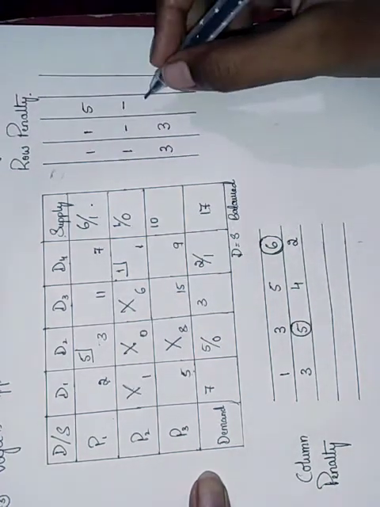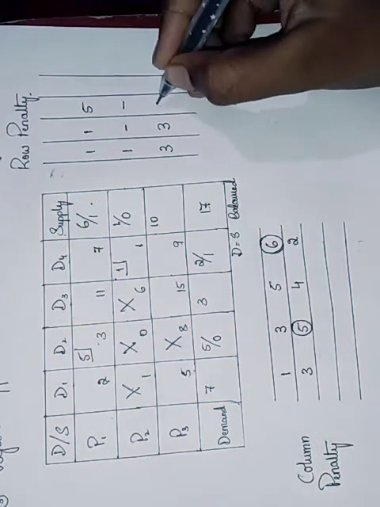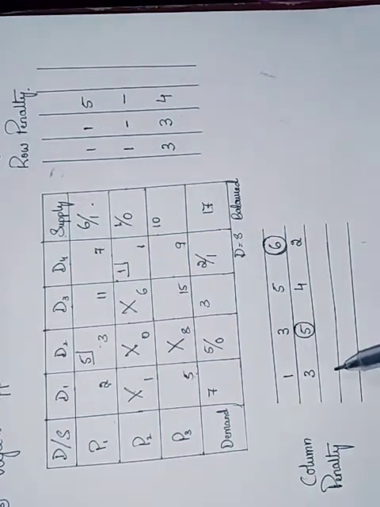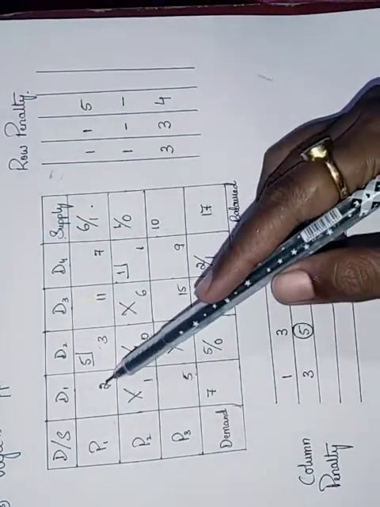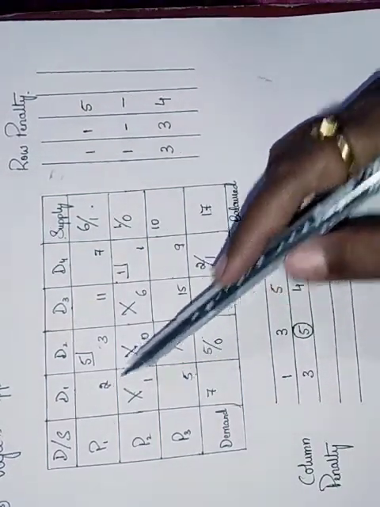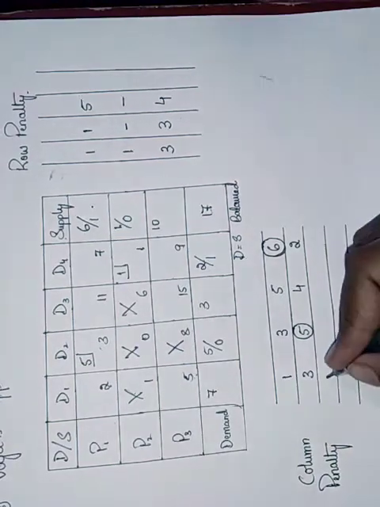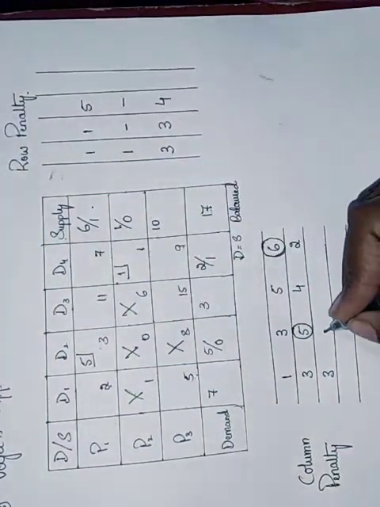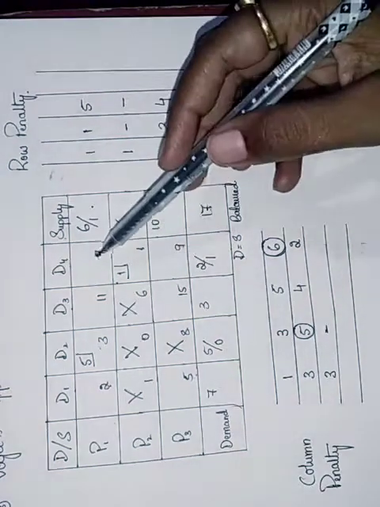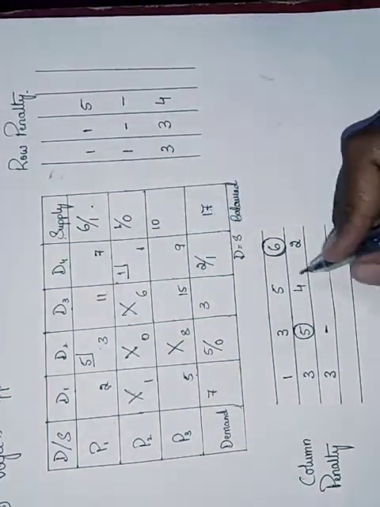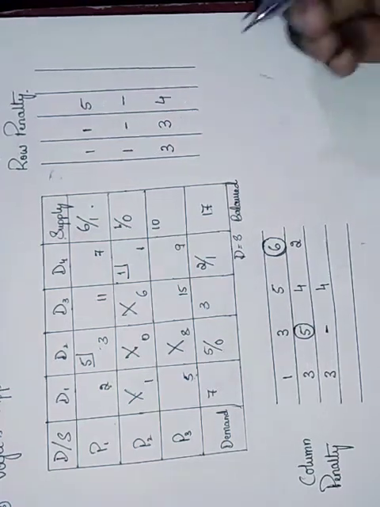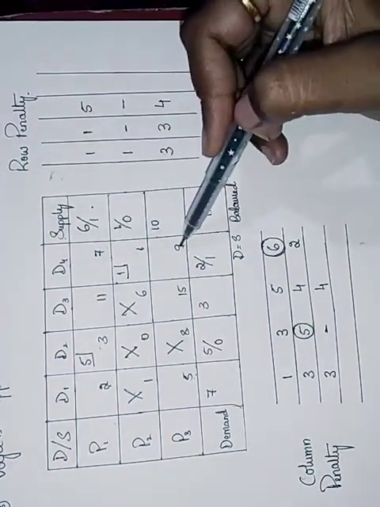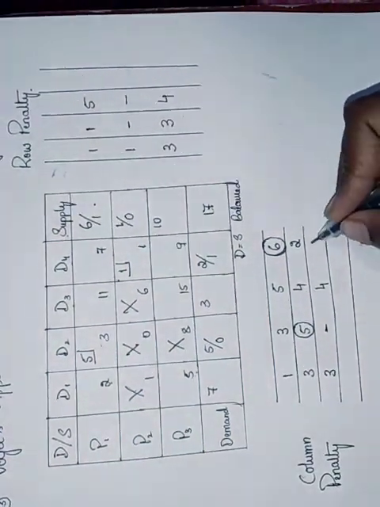So difference between 5 and 9 is 4. And coming to column penalty, so only two values are remaining here, 2 and the next least is 5, difference is 3. Here no values are remaining, so it is nil, penalty is nil, and here 11 and 15, difference is 4, 7 and 9, what is the difference? 2.